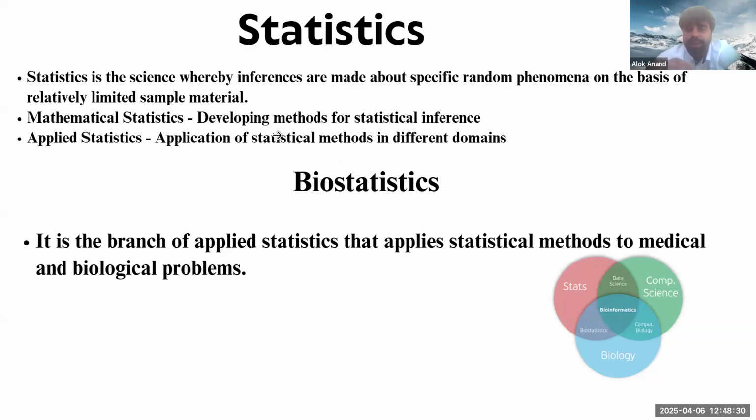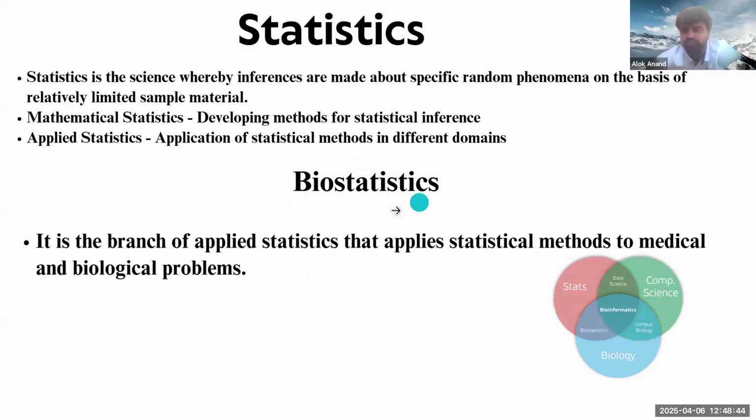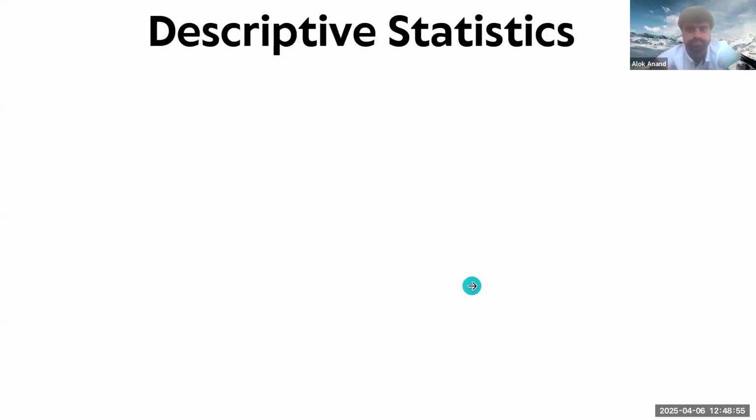Whereas in applied statistics, we make use of these statistical tools in various domains to extract meaningful inferences. And when we talk about biostats, it is a field of applied statistics where the domain understanding is of the biological field, right?